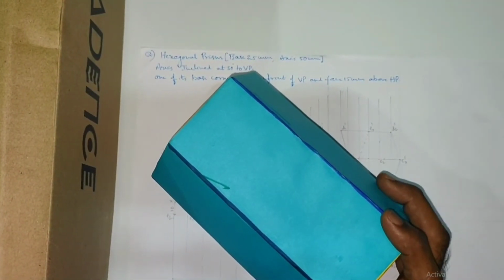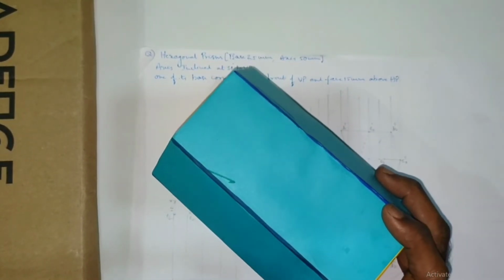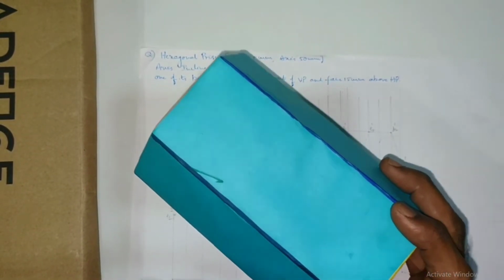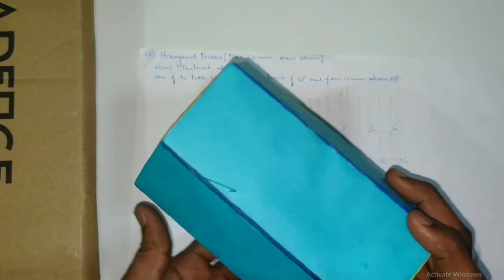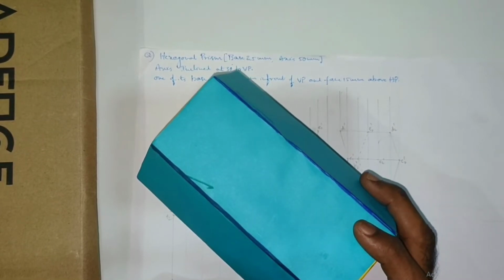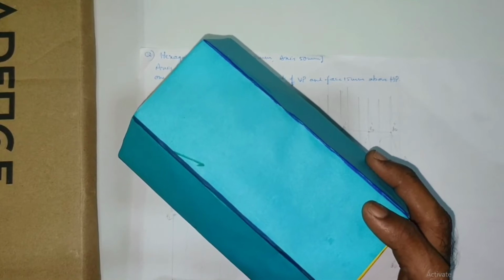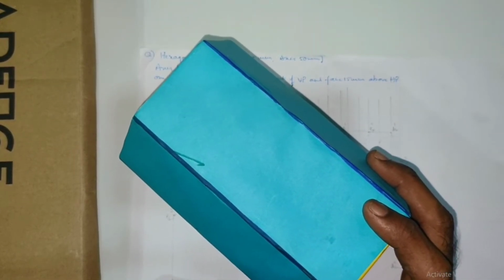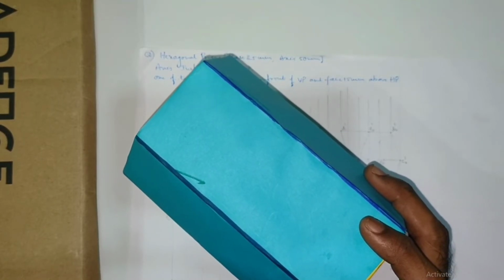And also the corresponding face, whatever face is there, is placed above the horizontal plane. Initially in this position, this face is lying on the horizontal plane, and when it is lifted above, see, it is lifted. This is the exact position of the object which is mentioned in the problem.